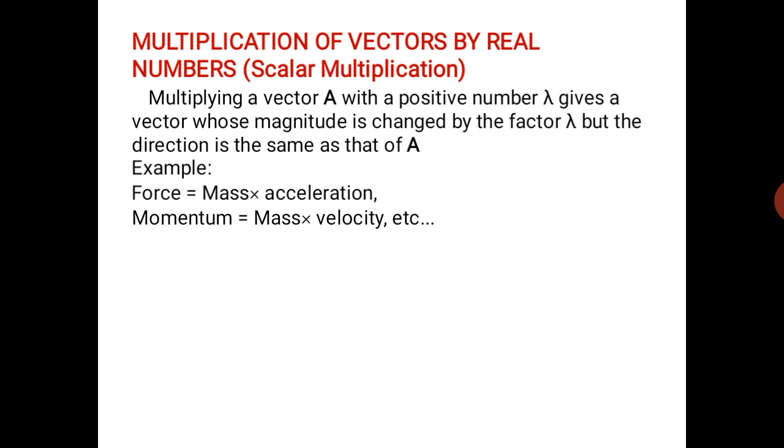So only the magnitude is changing and the direction remains the same if the scalar quantity or real number is positive. And if that scalar quantity is negative, then after multiplying the scalar with the vector we still get a vector, but the direction becomes opposite.